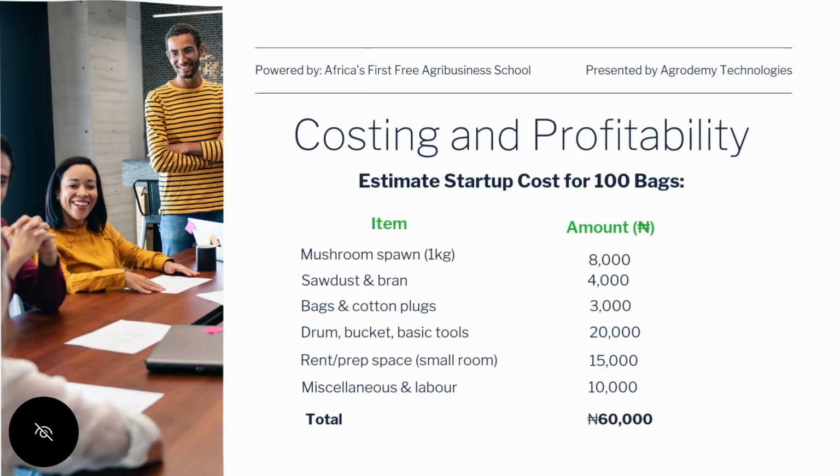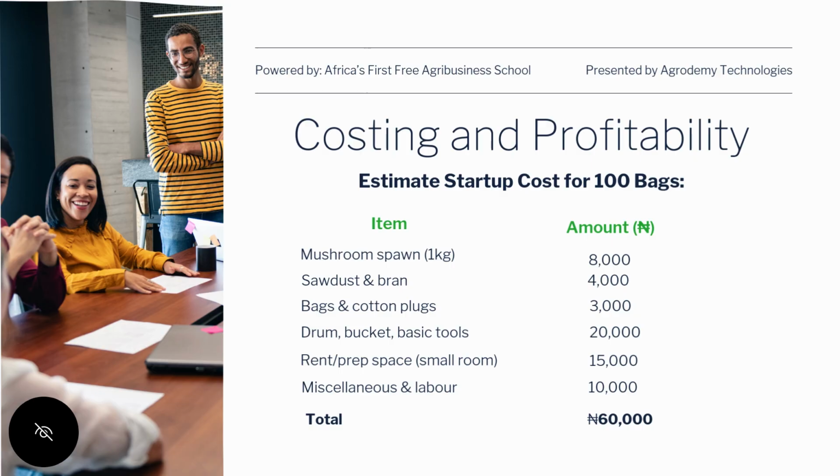So, costing and profitability. For example, if you want to grow 100 bags, we are doing this in Naira. These are not real prices. They are just for the purpose of ensuring that you understand what we are talking about. Maybe you bought your mushroom spawn for 8,000 naira, your sawdust and bran for 4,000.